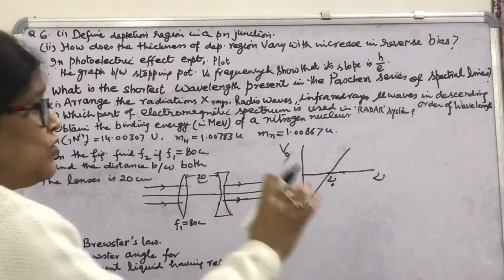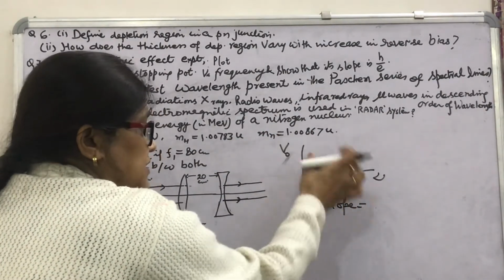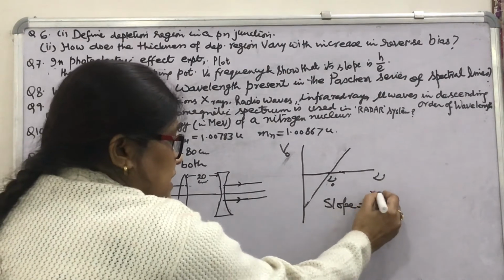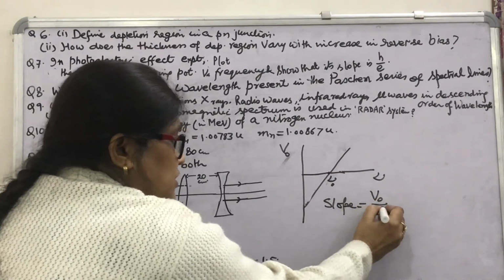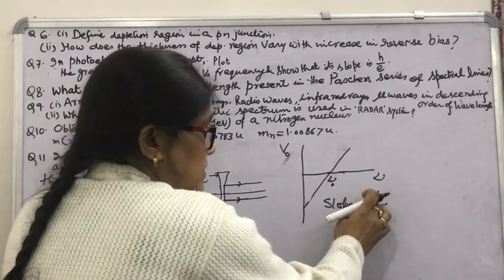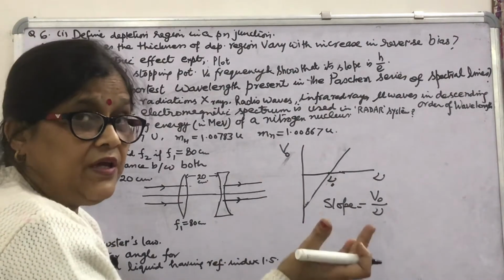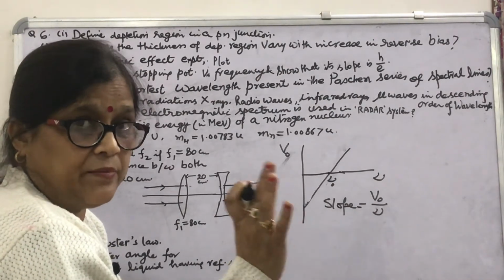Simple formula: slope is given by change in y-axis upon change in x-axis, that is V0 upon nu. Then how will you write it in terms of energy? Energy can be written as eV0, and h nu can be written.